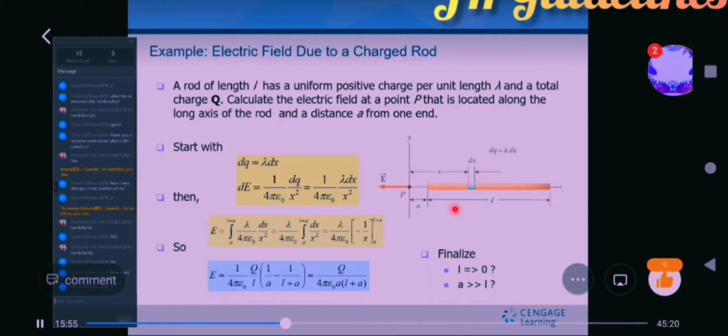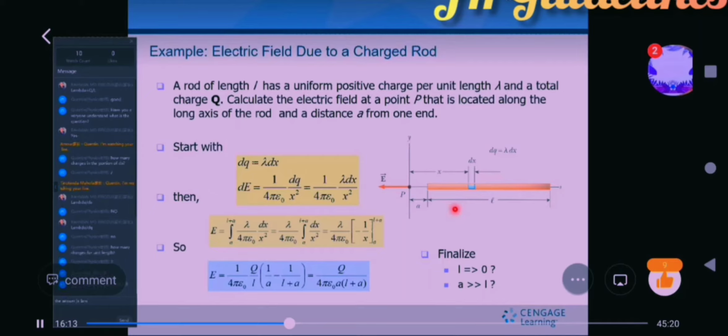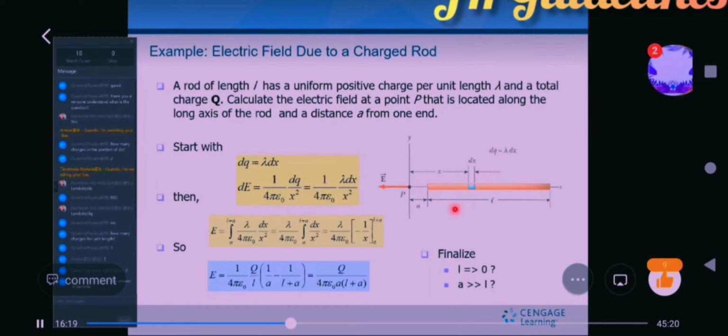How many charges for unit length? 3? No. It has to be lambda. The answer is lambda. Right?